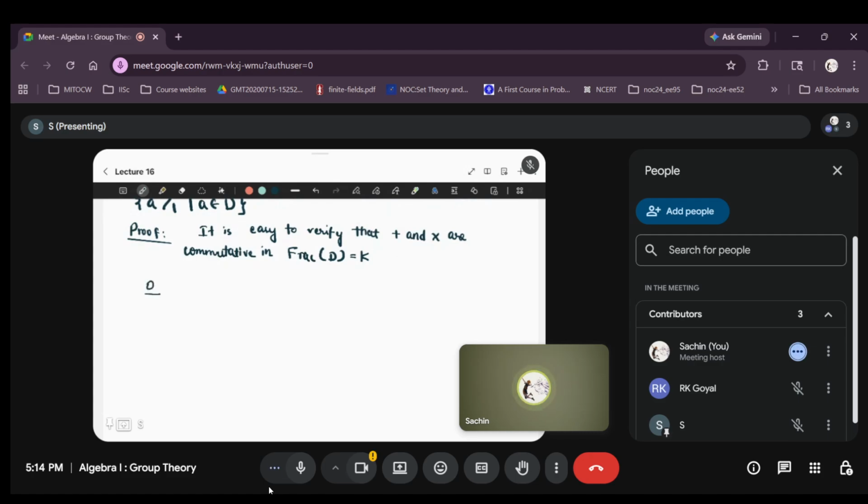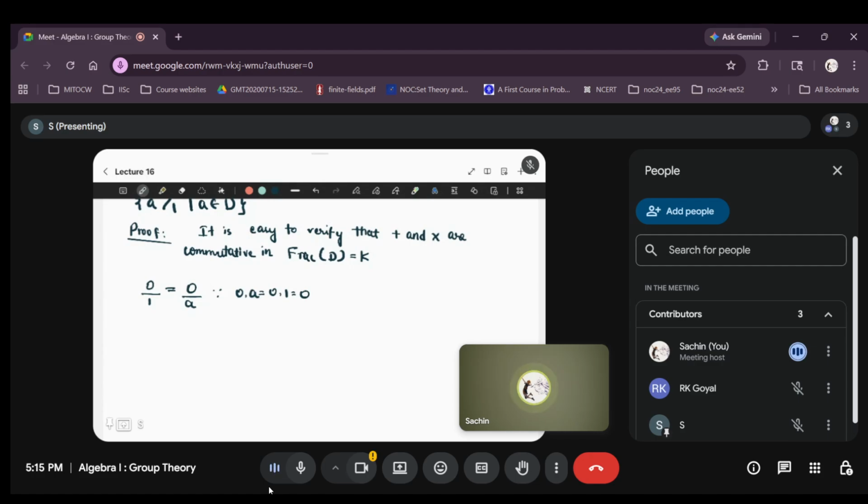0 by 1, which is also equal to 0 by a for any element a. Why is this? This is because 0 times a is equal to 0 times 1 is equal to 0.